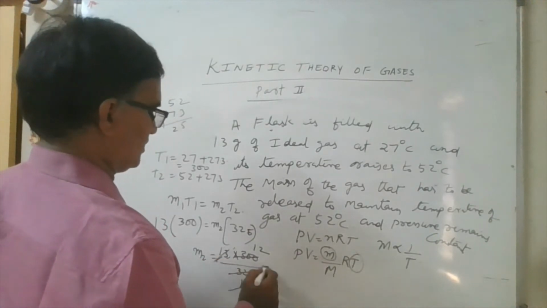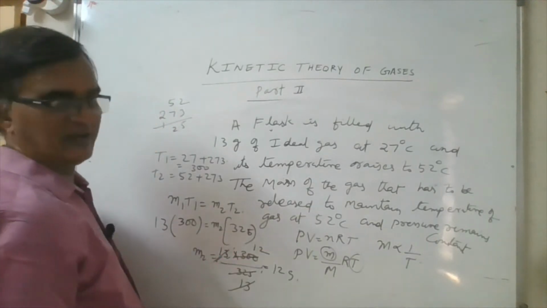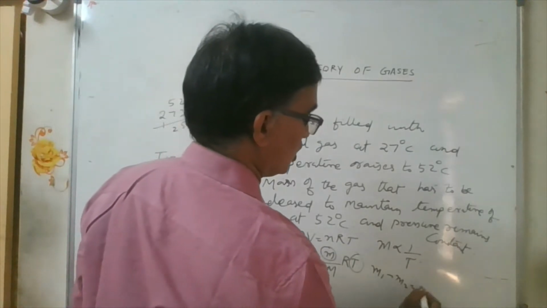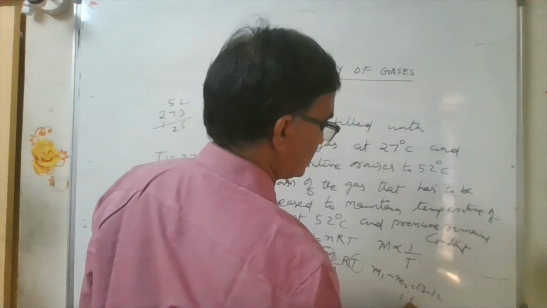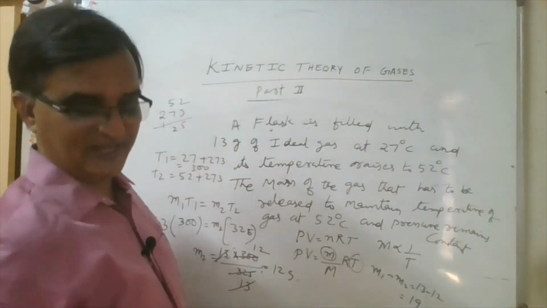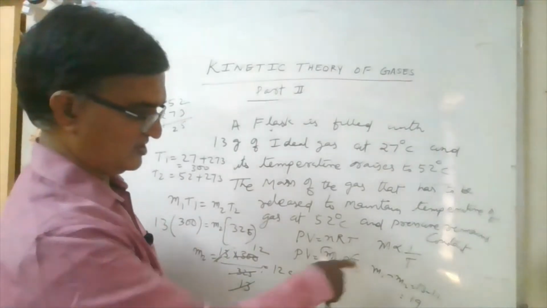So what you get over here is 12 grams. M2 is 12 grams. How much mass should be left out means M1 minus M2, 13 minus 12. So 1 gram of gas should be released. Okay, this is the answer.